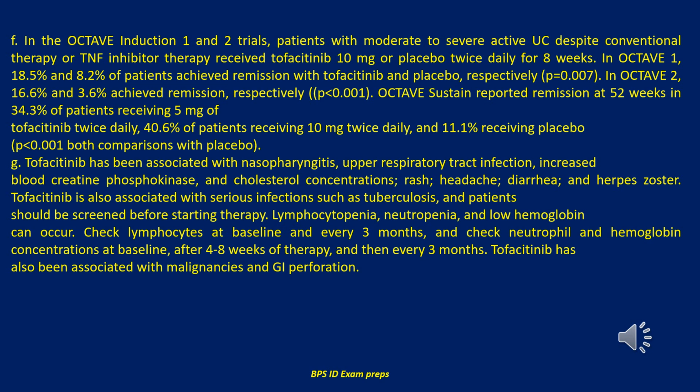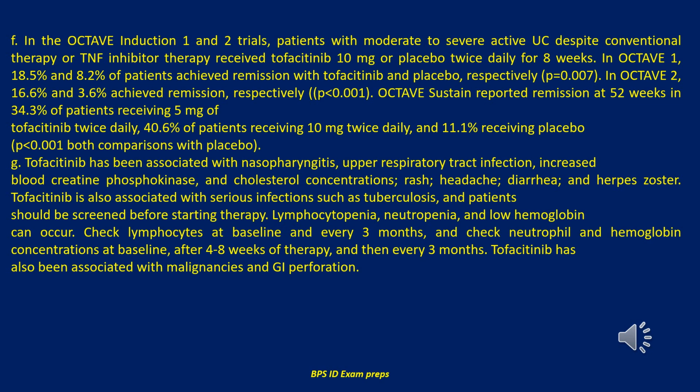G. Tofacitinib has been associated with nasopharyngitis, upper respiratory tract infection, increased blood creatine phosphokinase and cholesterol concentrations, rash, headache, diarrhea, and herpes zoster. Tofacitinib is also associated with serious infections such as tuberculosis, and patients should be screened before starting therapy.